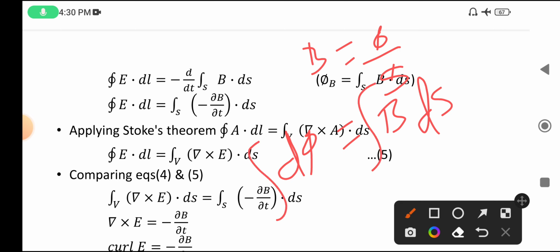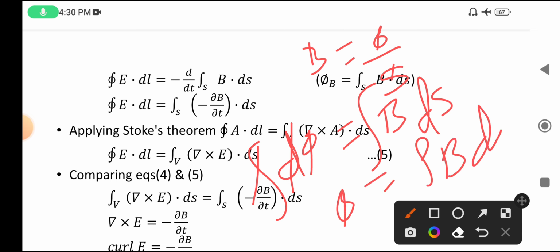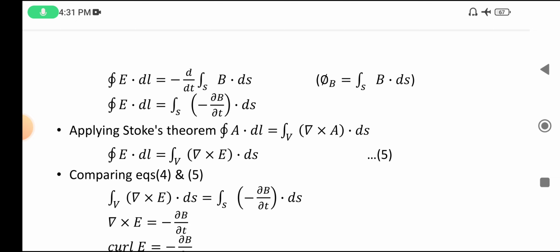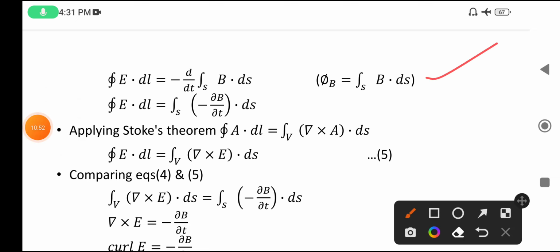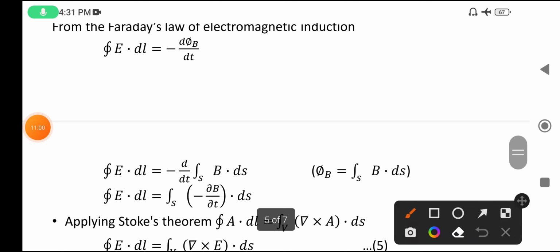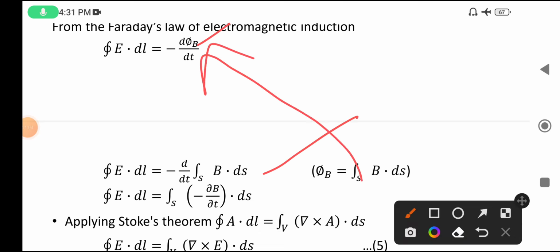Integrate on both sides; integration and differentiation cancel. So we got phi is equal to integral B ds. Take this value and substitute it in the place of phi B in this equation. Then we get this one.